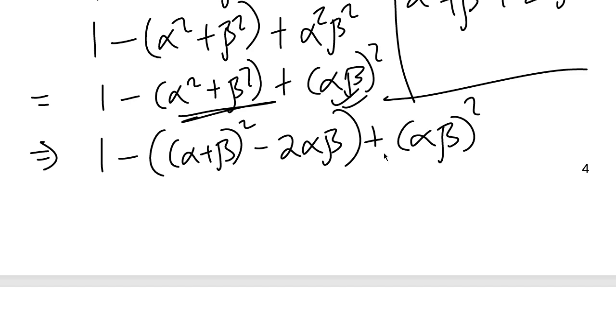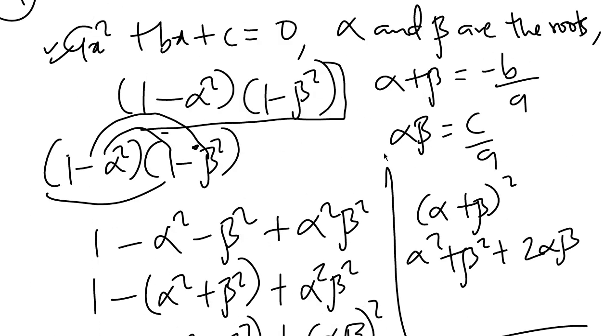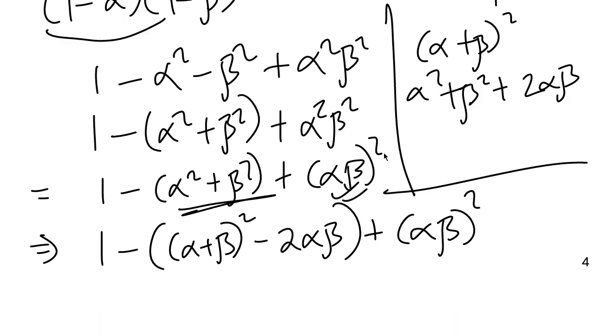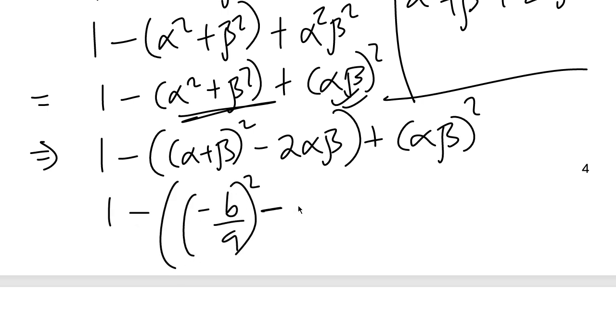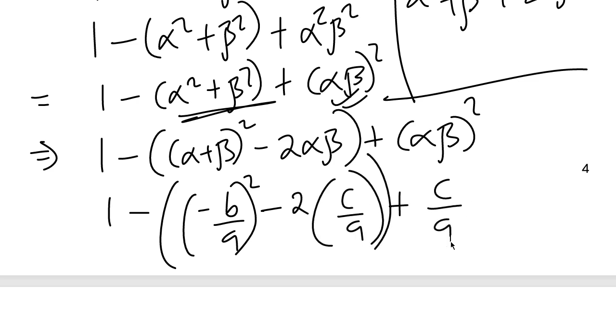Once you get this, the job is done. So we have already gotten the value of alpha plus beta as what? Negative b over a, and we've gotten alpha beta as what? c over a. So we simply substitute. That will be 1 minus [(negative b over a) all squared minus 2 into c over a] plus (c over a) all squared. Do you get?